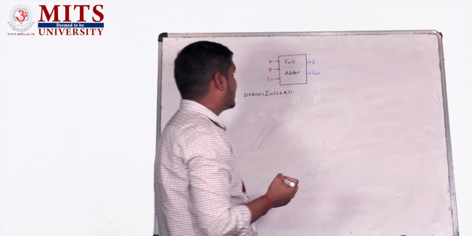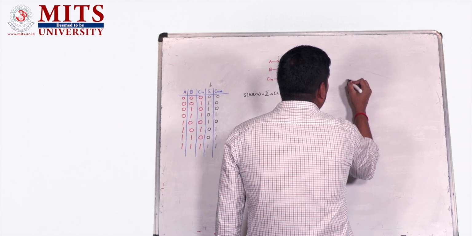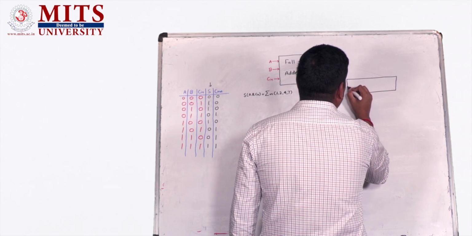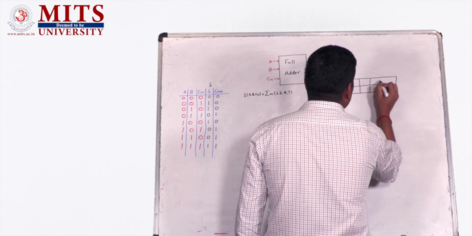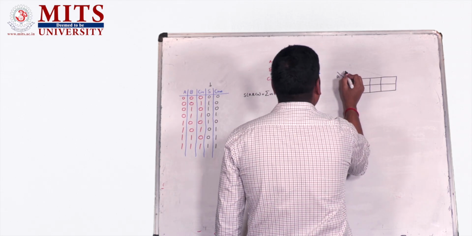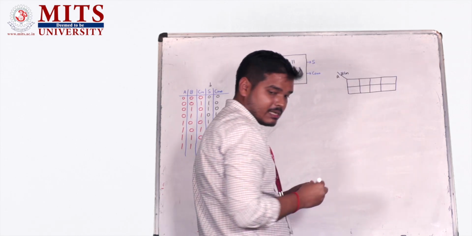So if we try to minimize this SOP expression using a K-map, it will be a 3-variable K-map. It will have 8 cells. This will be A. We can have B and C in here.